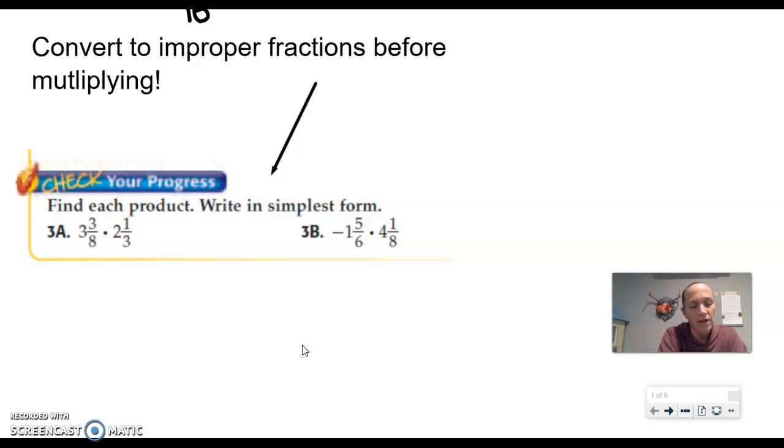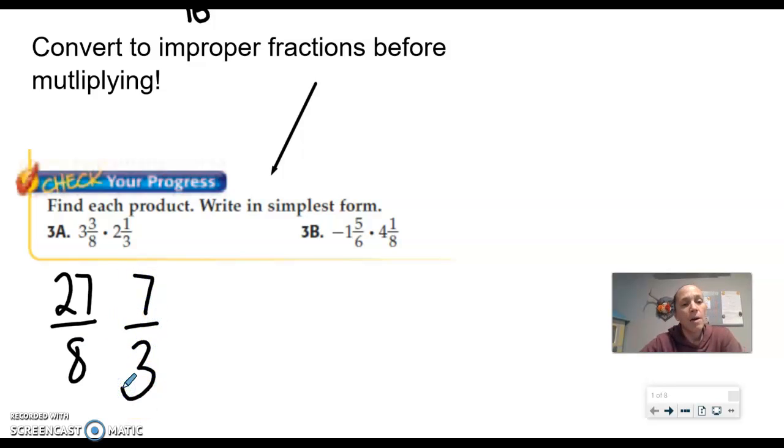So 3 3/8 would be 24, 25, 26, 27 over 8. And 2 1/3 would be 7 over 3. And it's often mixed numbers when you do the simplifying before, because the mixed numbers tend to be bigger fractions, like 27 times 7, ugh, you know.